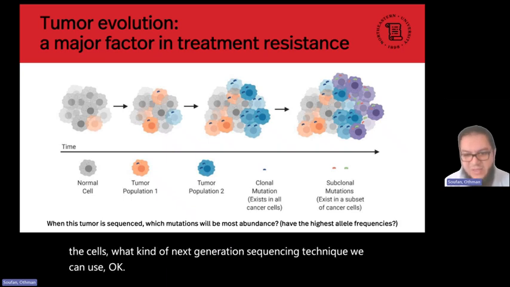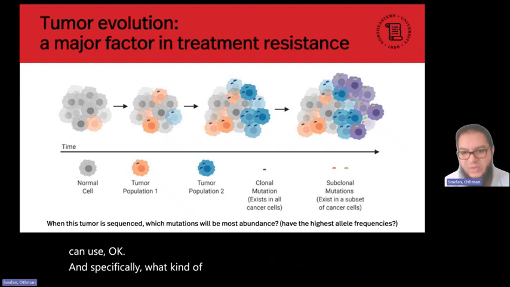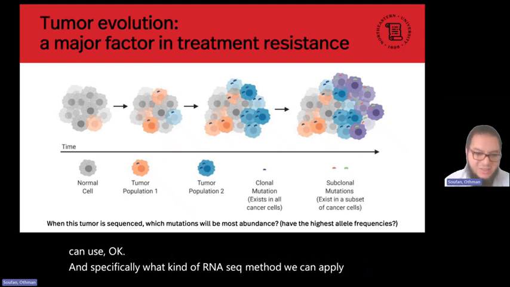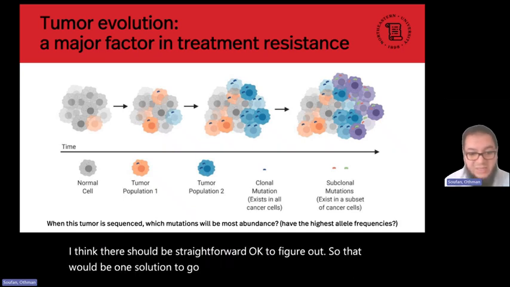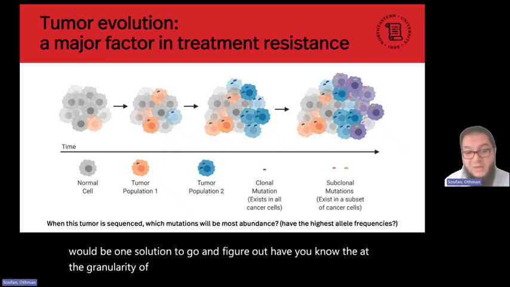And specifically what kind of RNA-seq method can we apply here? I think this should be straightforward to figure out. So that would be one solution, to know the details at the granularity of the cell level.